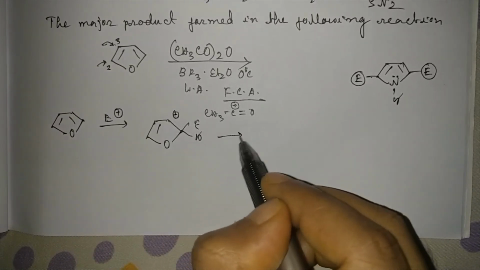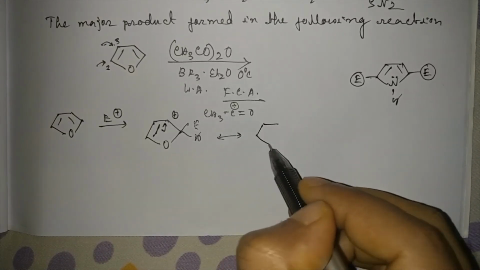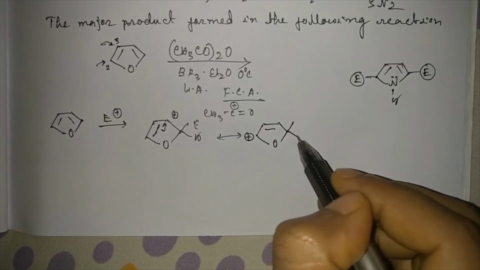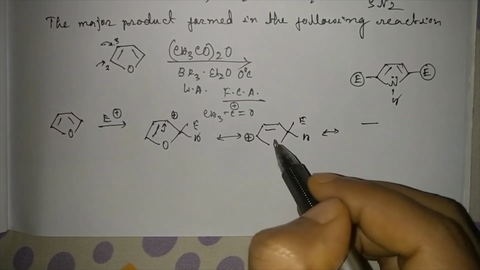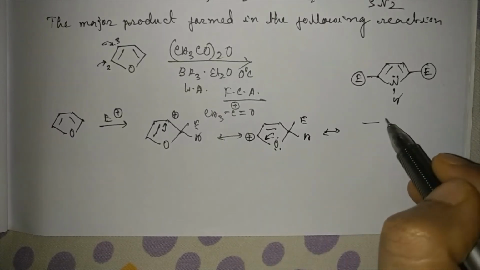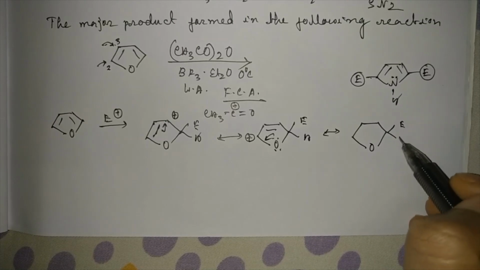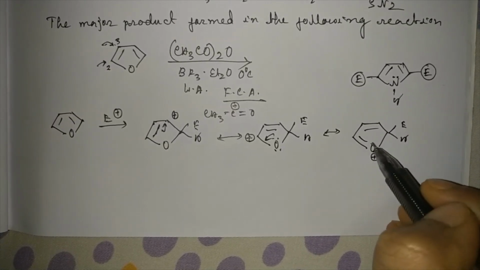Now this is a resonance stabilized carbocation. The resonance structures are this. It has three resonating structures.